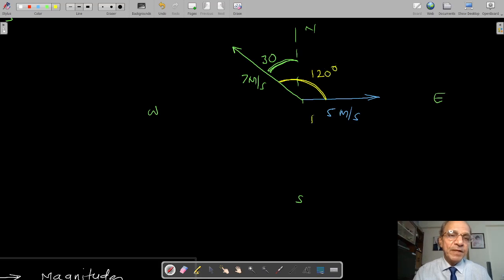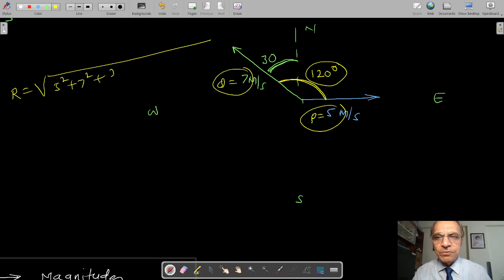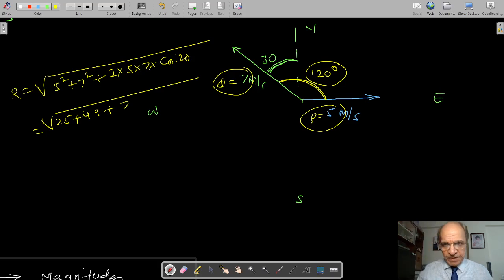So we know P is equal to 5, Q is equal to 7, theta is equal to 120, and therefore R would be square root of P square, which is 5 square, plus Q square, which is 7 square, plus 2 times P into Q into cosine of 120. If we simplify it, this is 25 plus 7 square is 49 plus 70 times cos 120.